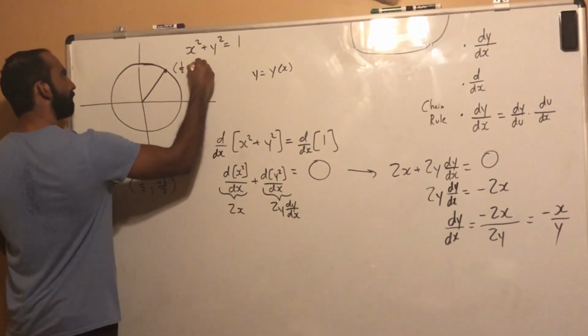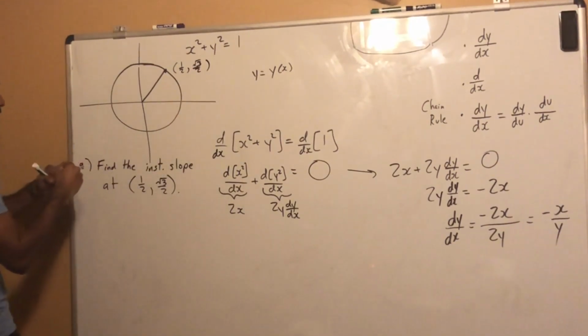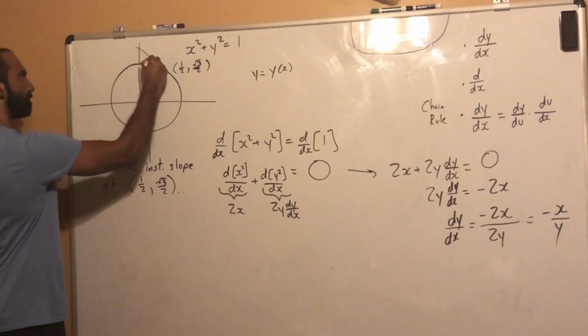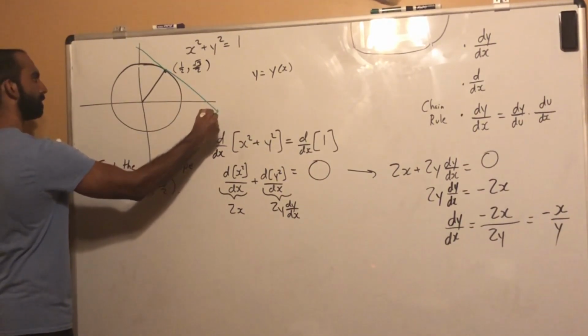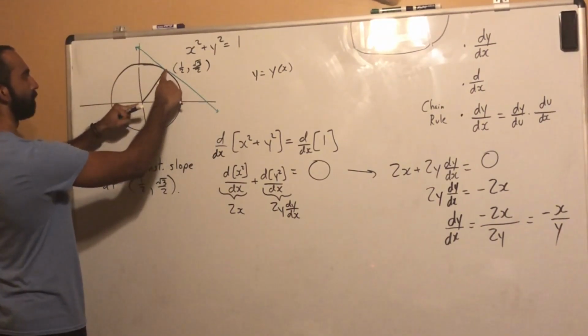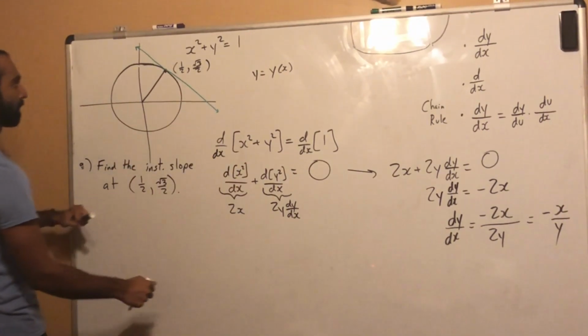One half, root 3 over 2. The slope of the tangent line is the slope of this fellow right here. The slope of this fellow right here is not y over x, rather negative x over y.